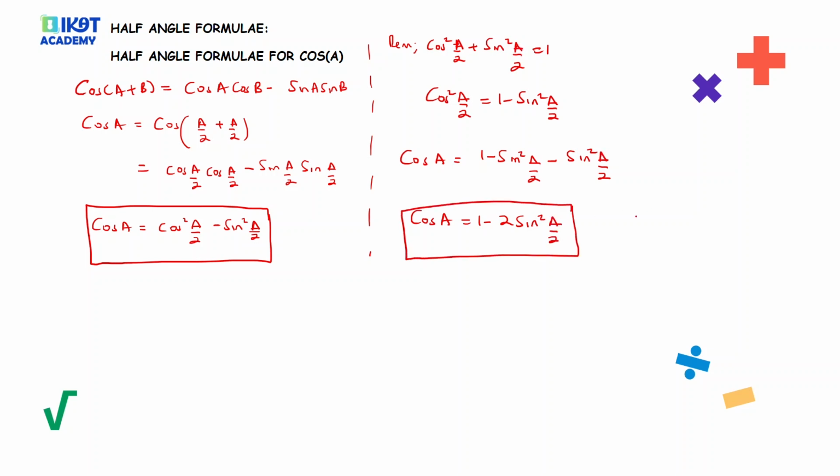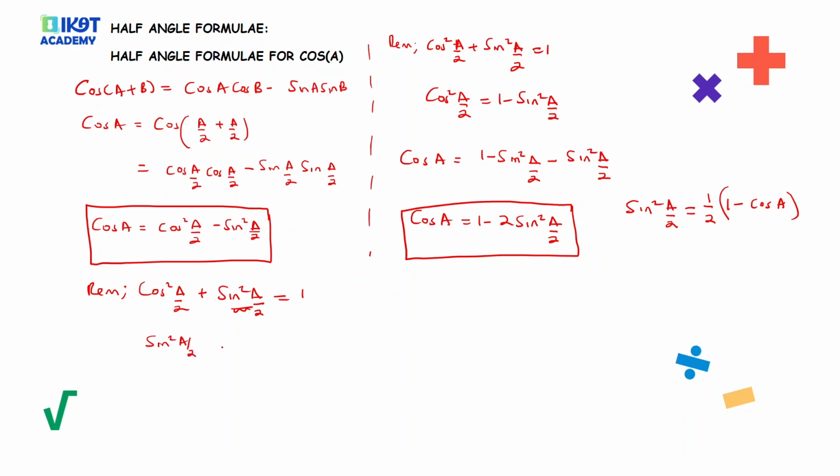This is another one. And you can even go ahead and make sine squared A/2 the subject, and this would be 1 minus cos A, and here I would put a half. Then we also say again, remember, cos squared A/2 plus sine squared A/2 is equal to 1.